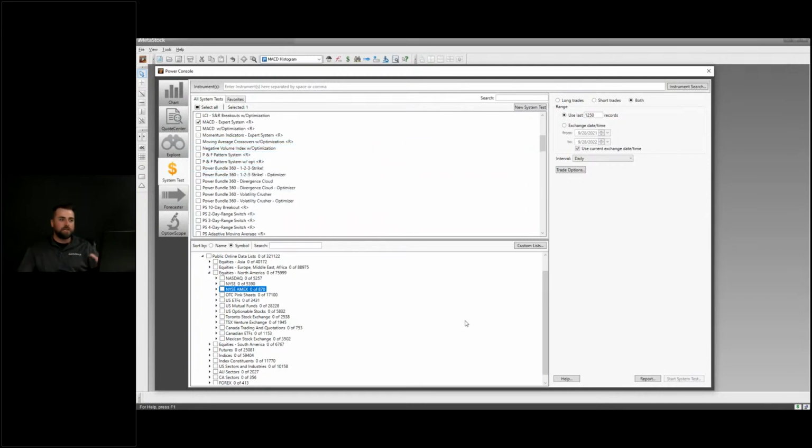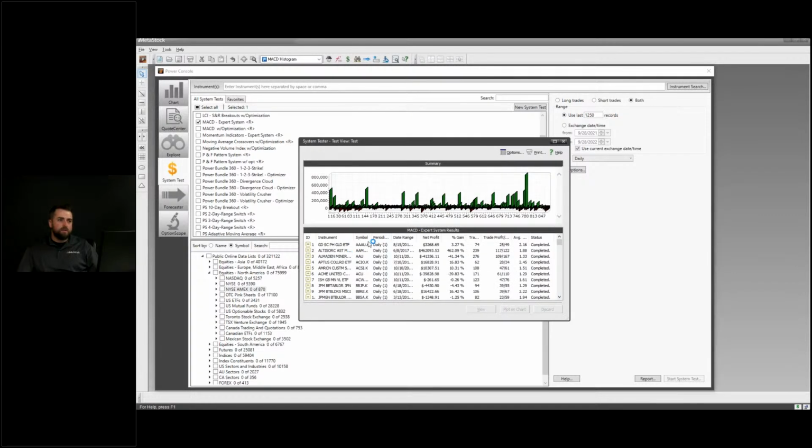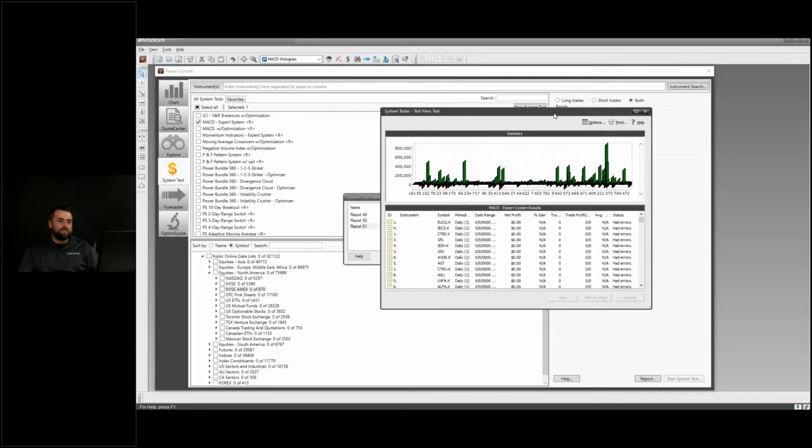Or maybe you take 10 securities or whatever it may be, and then put them into the system tester and run all of our system tests against them to see which ones perform best there, or which ones perform best together, or things of that nature.